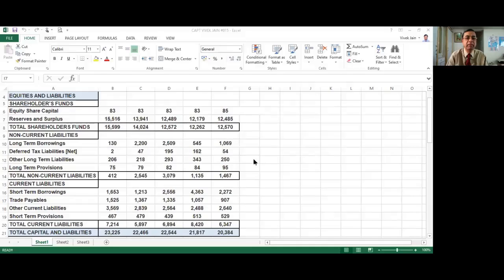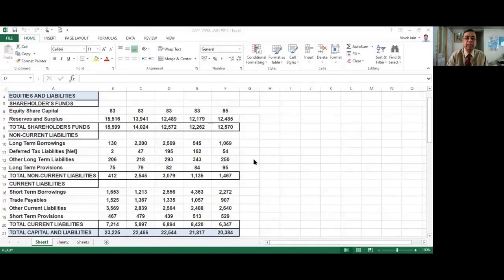Then the remaining part of the liabilities starts with non-current liabilities, in which you have long-term borrowings, deferred tax liabilities, other long-term liabilities, and any long-term provisions. These total, in the latest 31st March 2020, 412 crores, started with 1467.